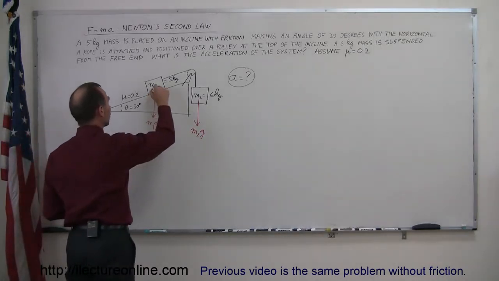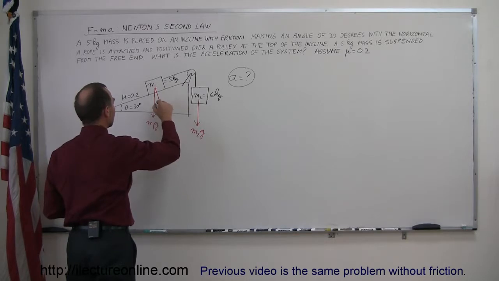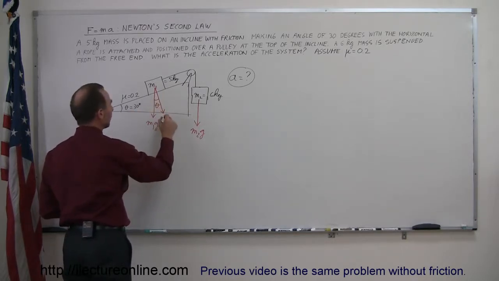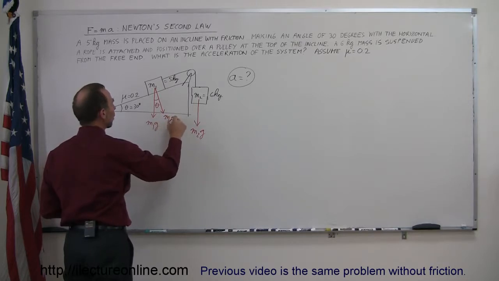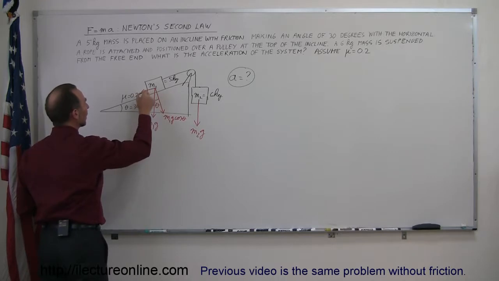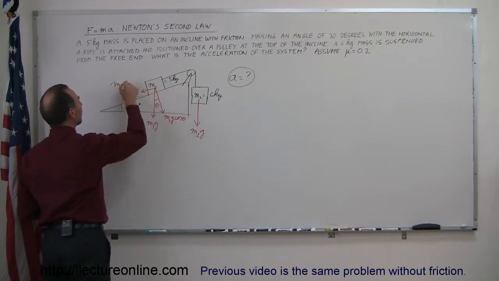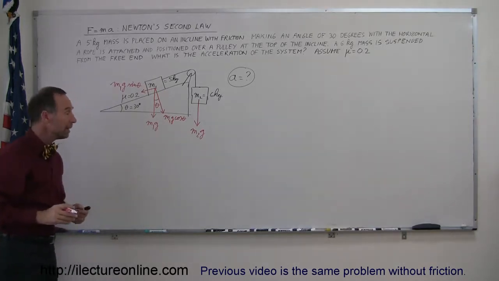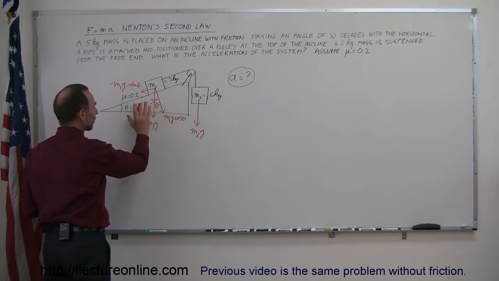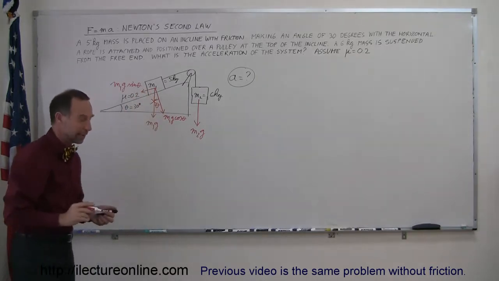The component perpendicular to the incline, since this angle is theta, the same as this angle theta right there, becomes m1g cosine theta. And the component parallel to the incline becomes m1g sine theta. That causes the m1g to effectively disappear. We've replaced it by its two components, so we no longer need it.